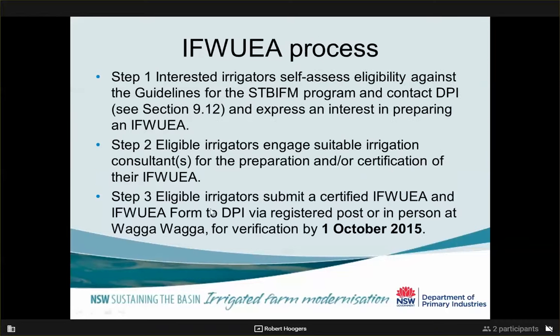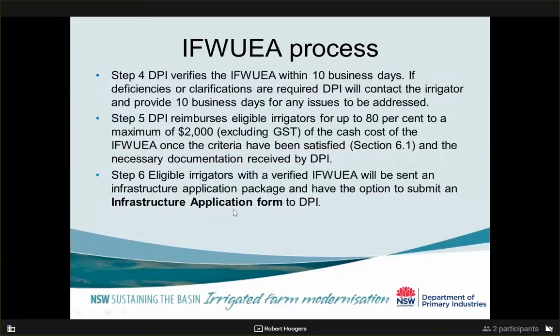So, just in summary, the process for funding, firstly, is to express your interest, then a self-assessment on eligibility, then eligible irrigators submit an IFWUEA form by registered post, date stamped the 1st of October. That's your first step.